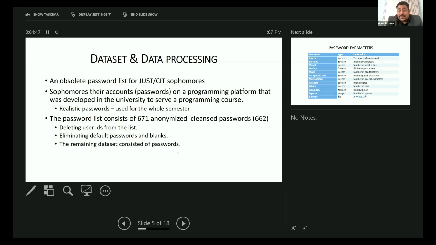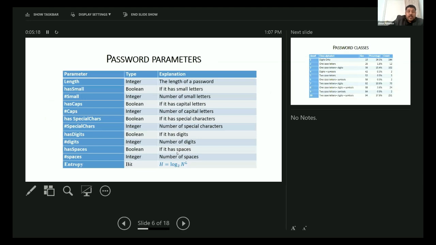The whole programming platform was deployed for about a year, and after that we shifted to another platform. So those passwords are obsolete, but they still have some meaningful information about the behavior of users picking passwords. The remaining dataset consisted of 662 passwords.